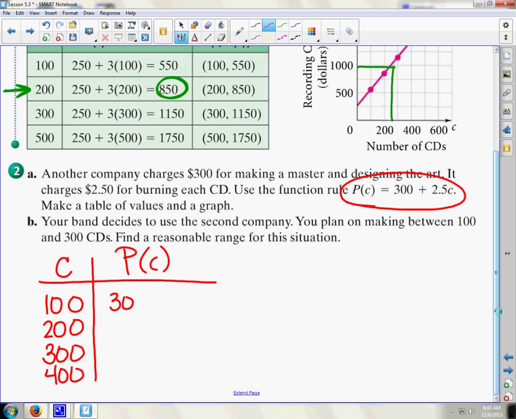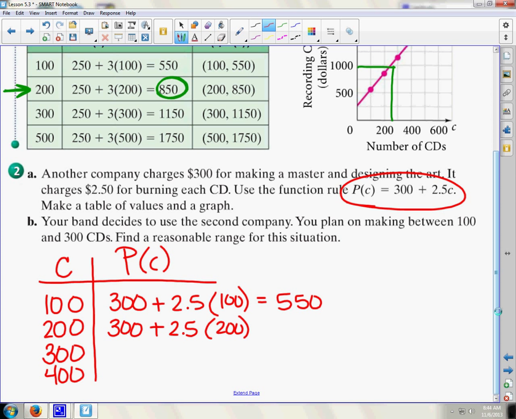So I would have 300 plus 2.5 times 100. So 300 plus 250 is $550. This one is 300 plus 2.5 times 200.